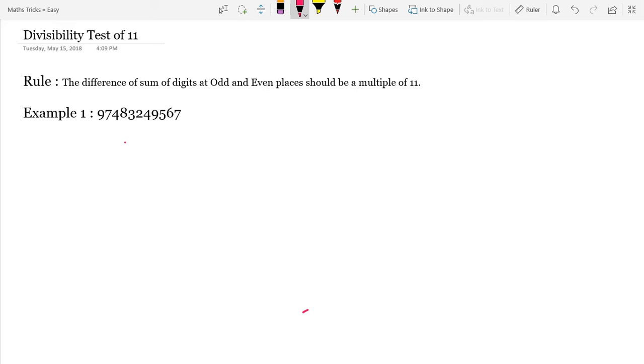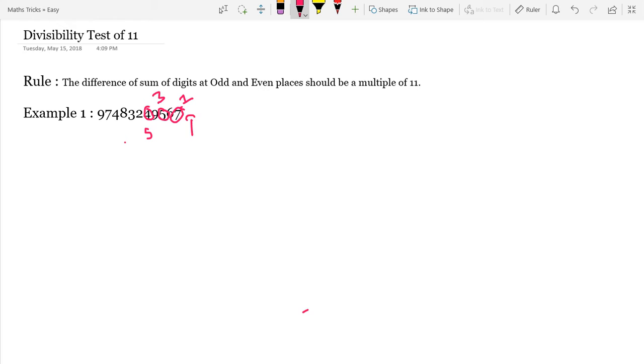First of all, what do you mean by the digits at odd and even places? Now look at this number as an example. This is the first digit, 7. It is the digit at odd place because it's the first digit. 5 is the third digit in this number. 4 is the fifth digit. So 1, 3, 5 are the odd places.